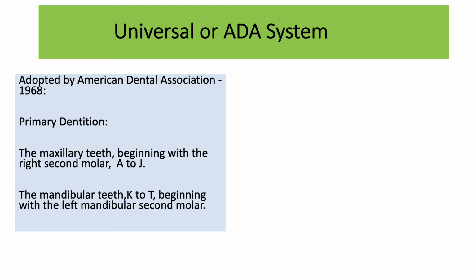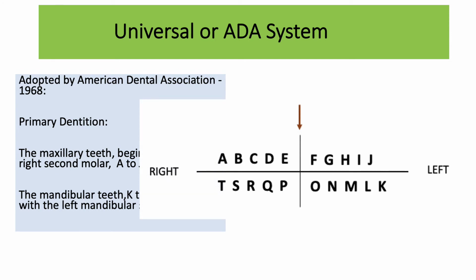When we are numbering the primary dentition, we'll be using alphabetical order in uppercase, wherein the maxillary teeth will be from A to J and the mandibular teeth will be from K to T. When we are numbering a primary dentition, it will begin from the posterior part of the upper right quadrant, that is the right second molar, which will be assigned the capital letter A, and it will follow around until letter J, which represents the left second molar on the left posterior side. And this system follows the same pattern in the lower arch also.